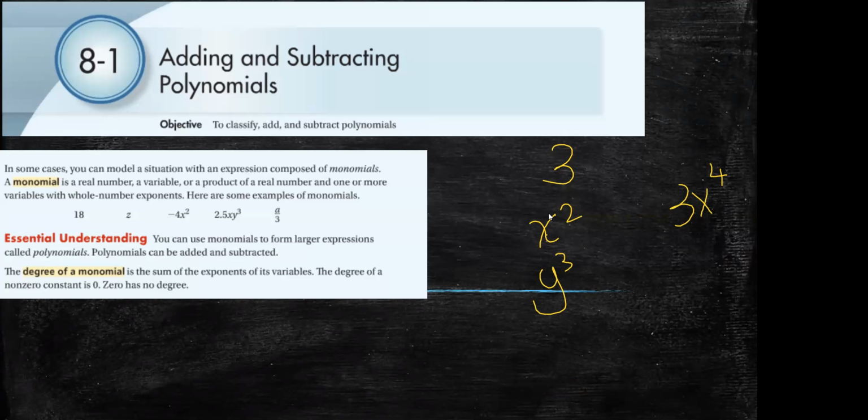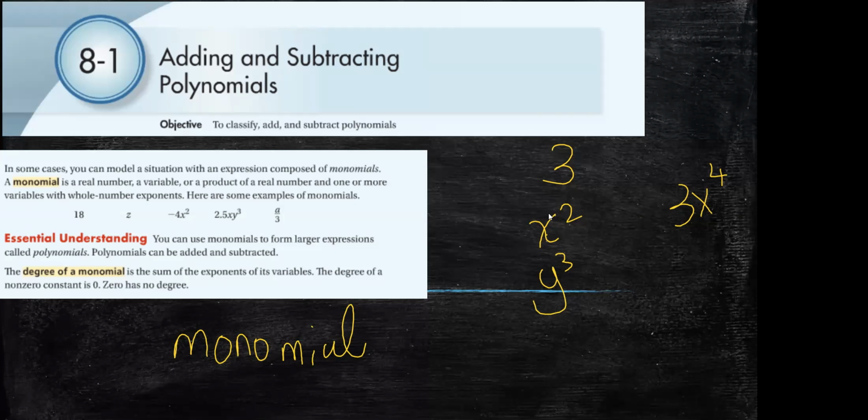All of these expressions we call a monomial. If you have 3, x squared, y cubed, or a product of a constant number with a variable like 3x to the power 4, all of these are examples of monomials.